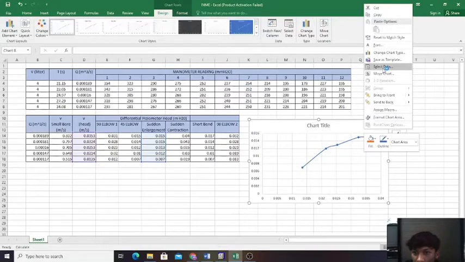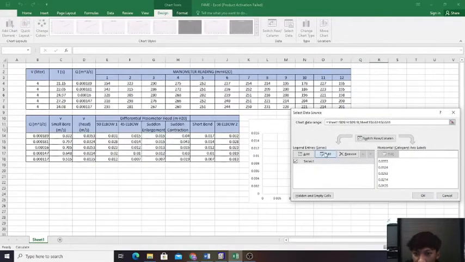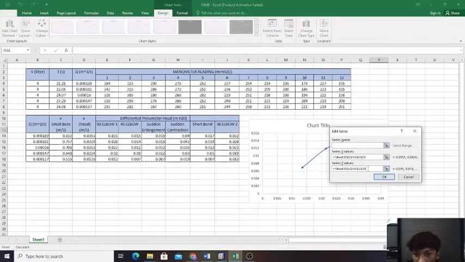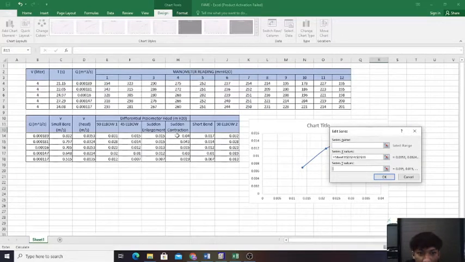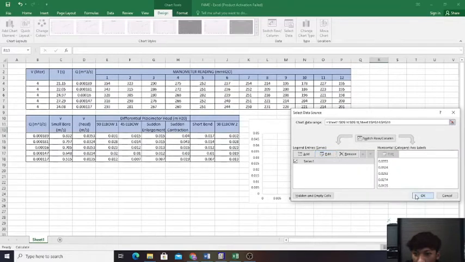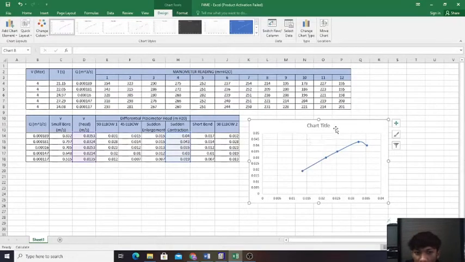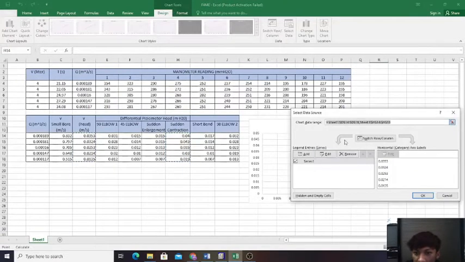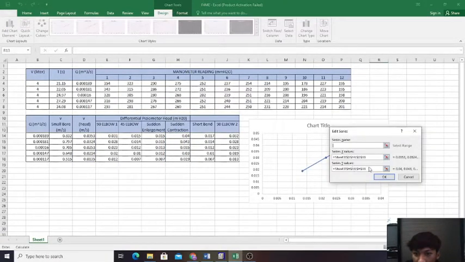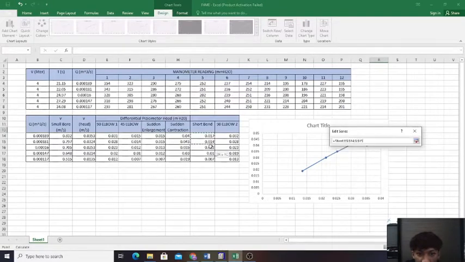Then for the fourth graph we take the sudden contraction. This is the fourth graph, and then for the fifth graph we take the short bend for the y-axis.